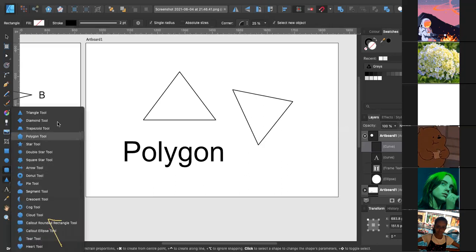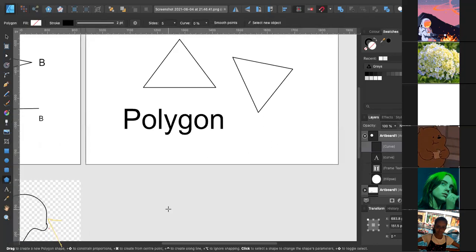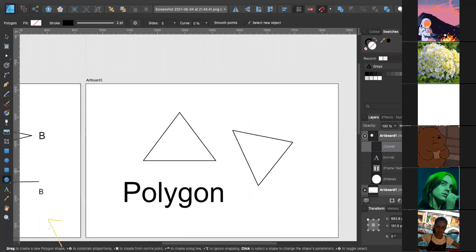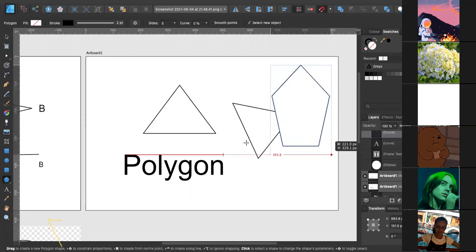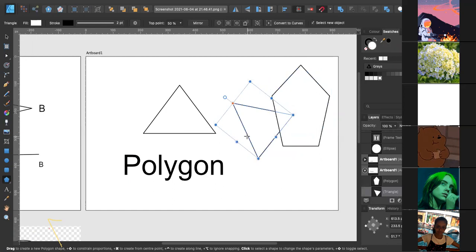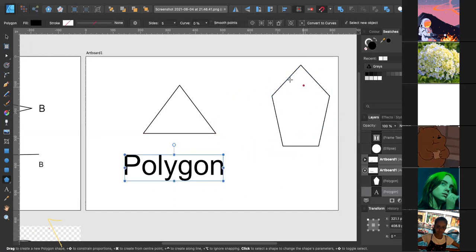Let me just make another polygon too. Okay, what kind of polygon have I drawn? Can you tell me? Pentagon. Why?